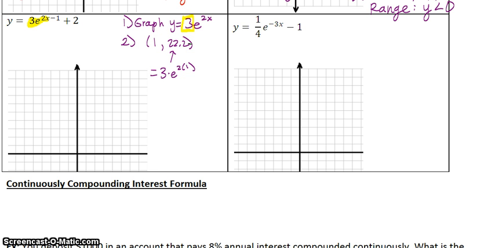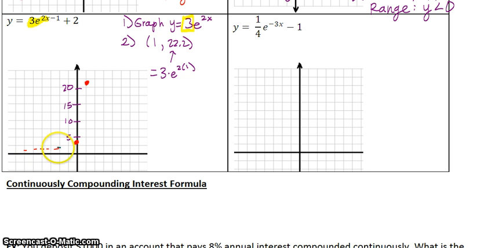So we're going to have to make the scale on my graph different than normal. So I'm going to make the scale on my graph up by 5, 10, 15. So actually each tick mark is 2.5, which might make things a struggle in a second, but we'll figure it out. So my y-intercept is at 3, and the second point is at (1, 22.2), so something like that.